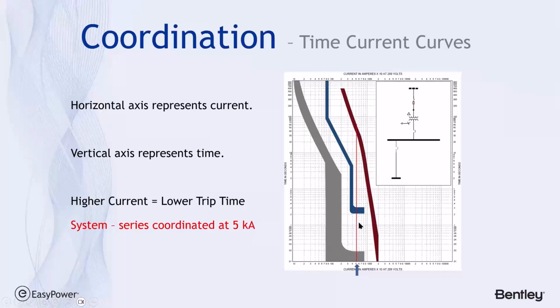Now if that current is sensed by the blue curve, this is a typical plot for a low voltage power circuit breaker, which has more adjustments to it. And you'll see when we get into breakers, the performance TCC can be varied considerably at each one of these bends in the golf club.